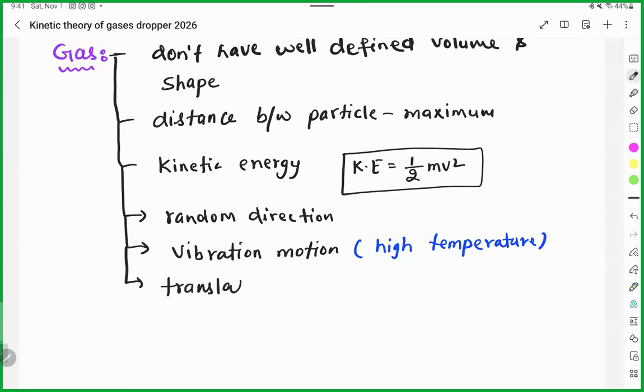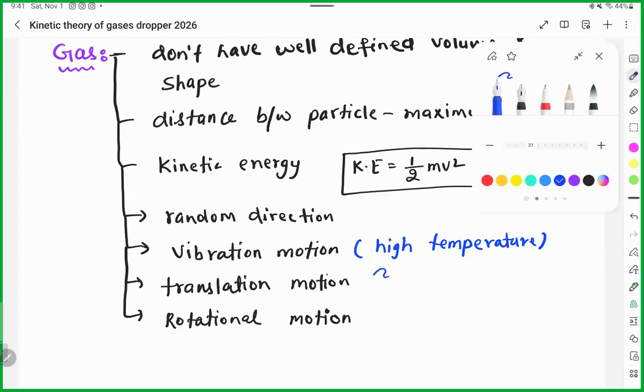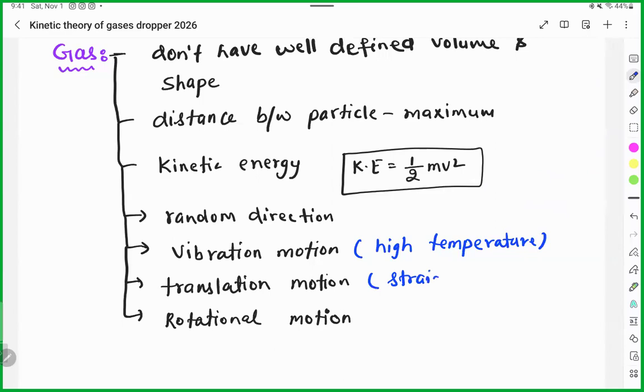Anvita, what is translation motion? And one more, rotation motion. Anvita, what is translation motion? If a particle moves in a straight line, that is known as translation motion.